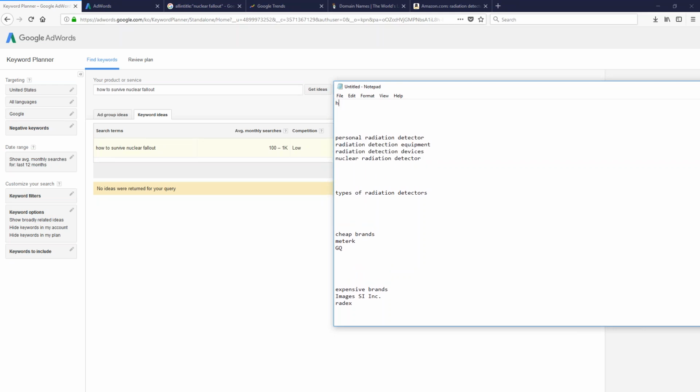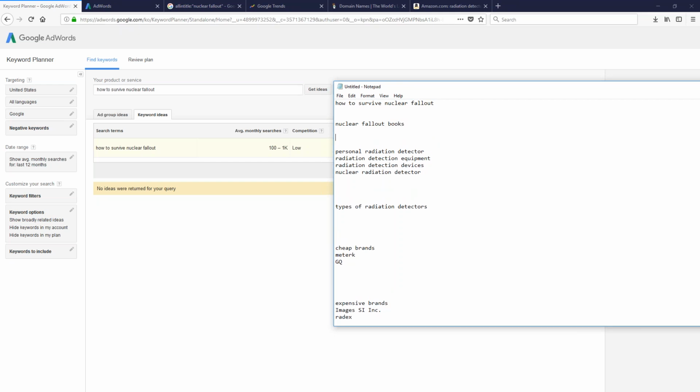However, if I went for this kind of a topic as the main niche of my website, how to survive nuclear fallout, then again, the radiation detectors just become a section of my website. I then might have a section on nuclear fallout books and also protective clothing.